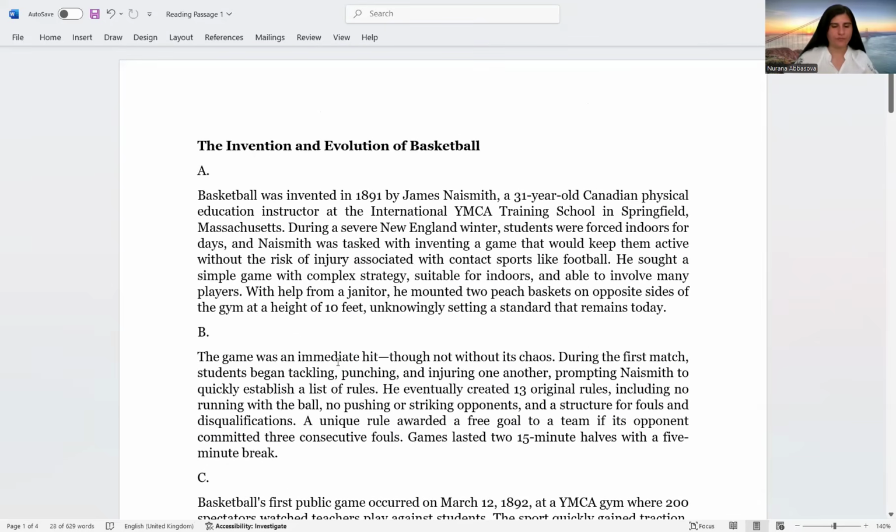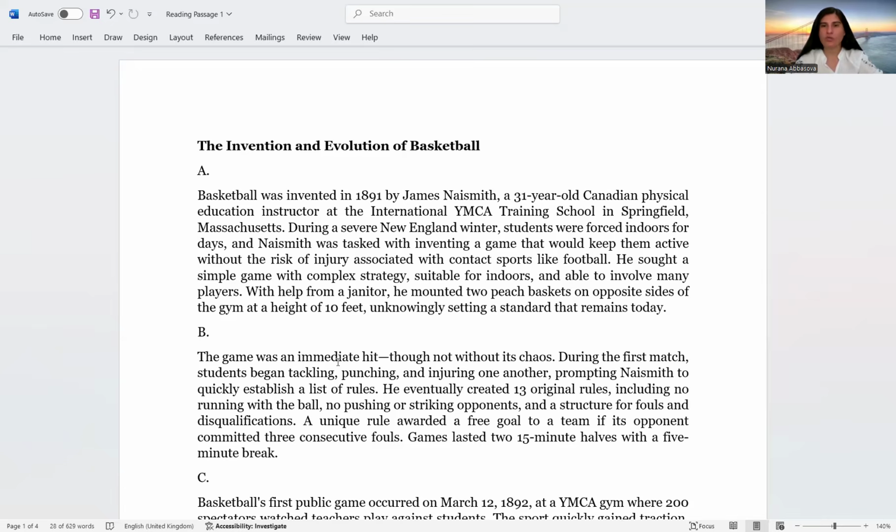And we go to the text. Basketball was invented in 1891 by James Naismith, a 31-year-old Canadian physical education instructor at the International YMCA Training School in Springfield, Massachusetts. During a severe New England winter, students were forced indoors for days, and Naismith was tasked with inventing a game that would keep them active without the risk of injury associated with contact sports like football.